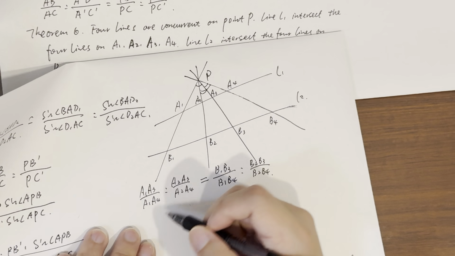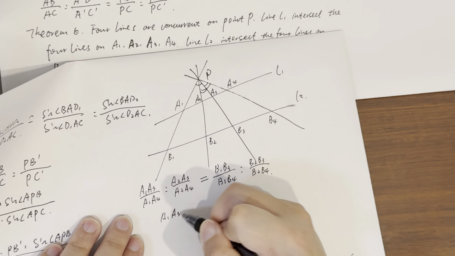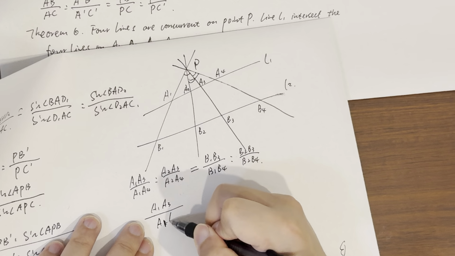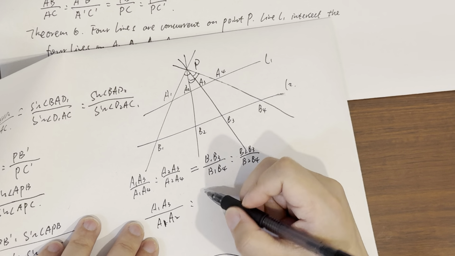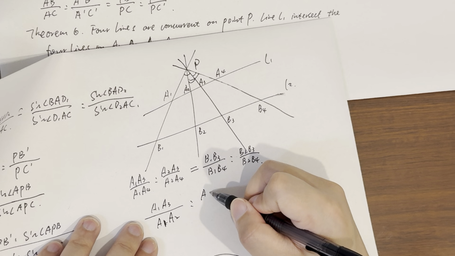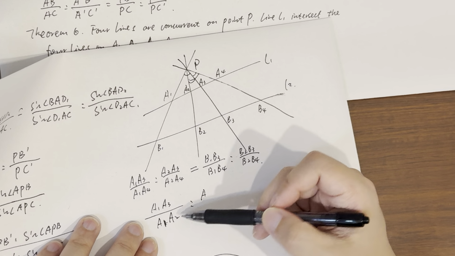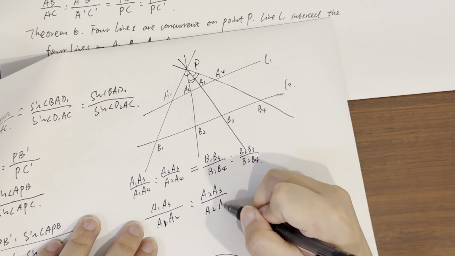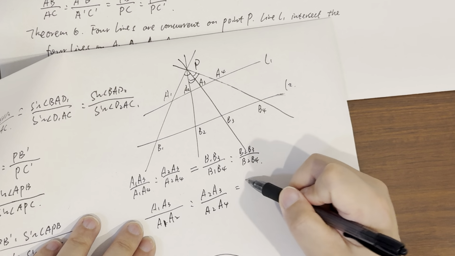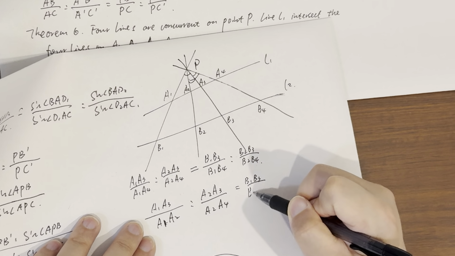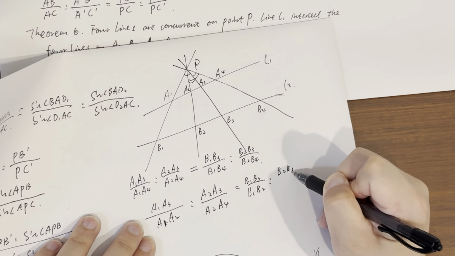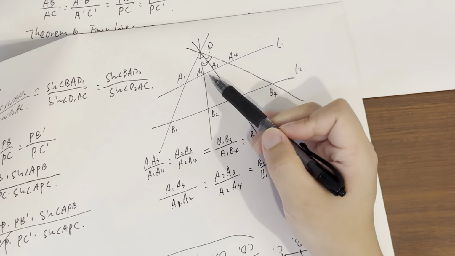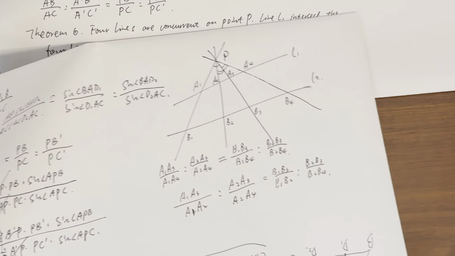I can write it arbitrarily, A1A3 to A1A2, for example, then A2A3 to A2A4. It must equal B1B3 to B1B2 to B2B3 to B2B4, right? It's always the same. They cancel each other. It's just the sine angle ratios. Okay.